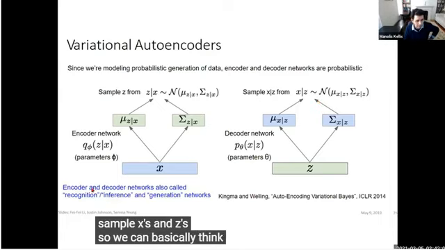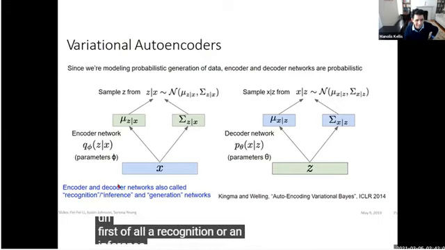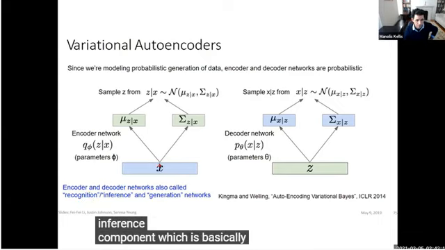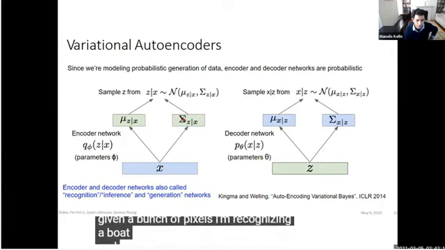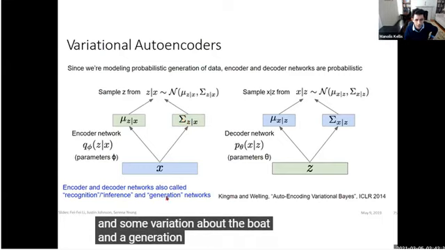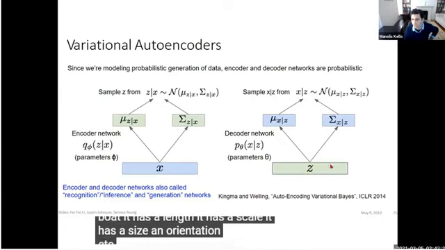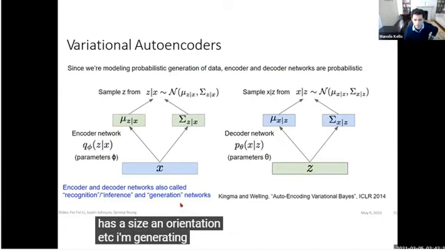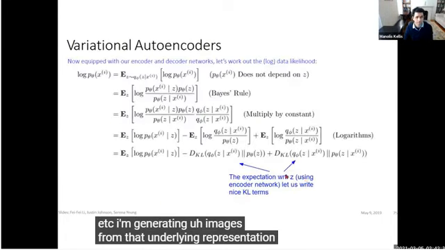So we can think about those as, first of all, a recognition or inference component, which is saying, given a bunch of pixels, I'm recognizing a boat and some variation about the boat. And a generation network, which says, given that I know that there's a boat, it has a length, a scale, a size and orientation, etc., I'm generating images from that underlying representation.